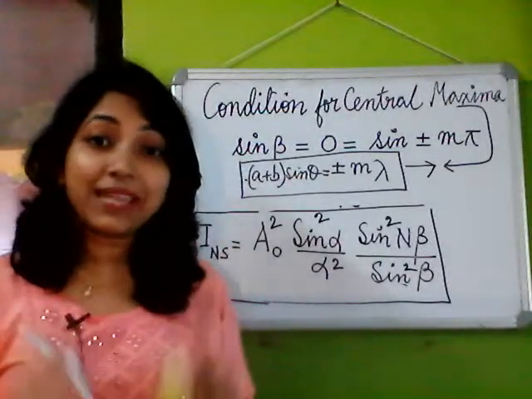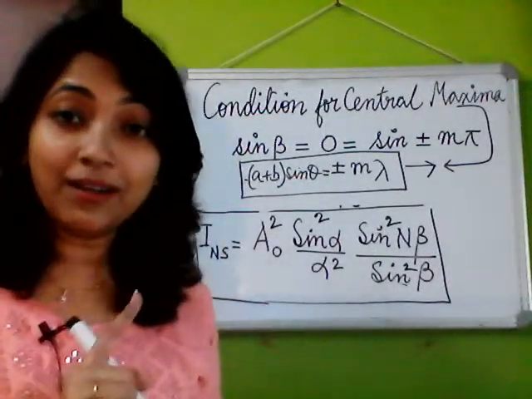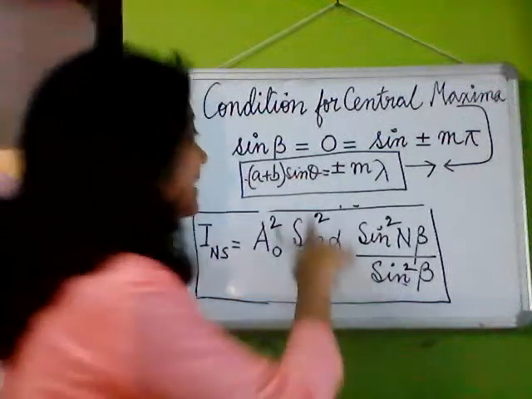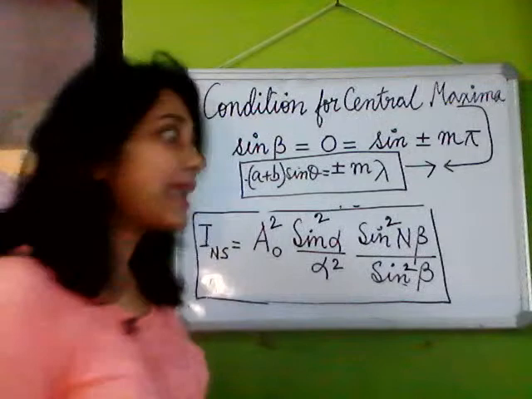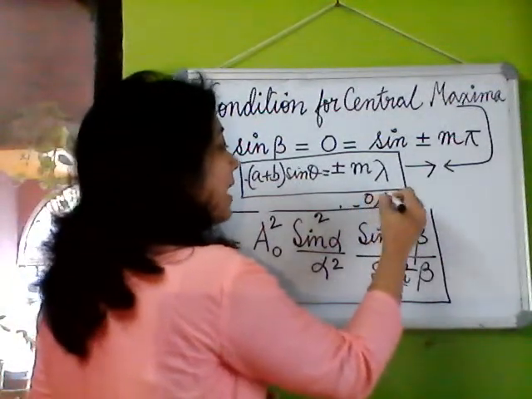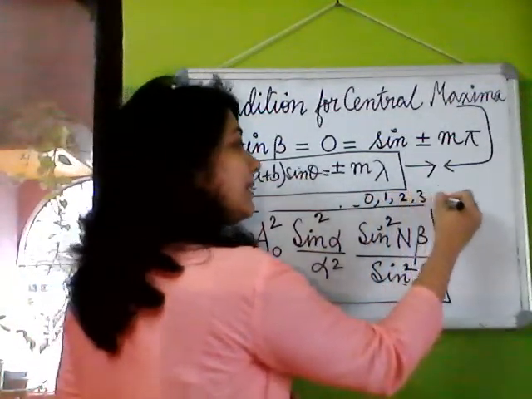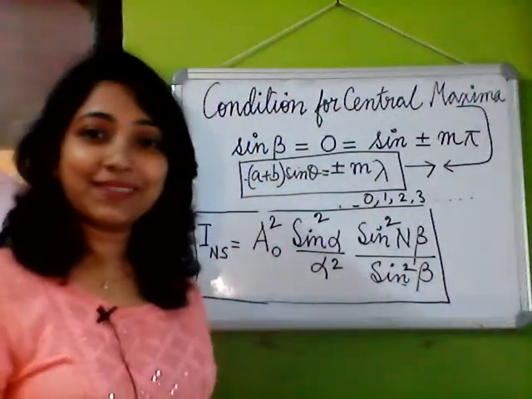However, students, please see the difference from the single slit: in this scenario, this m can be 0 and 1 and 2 and 3 and so on. Are you following me?